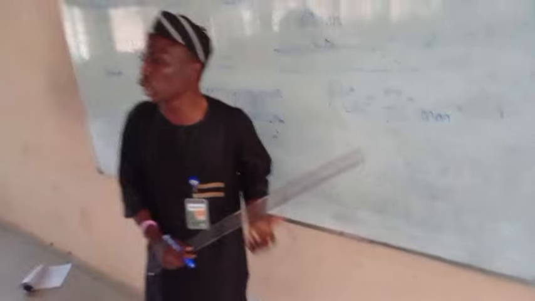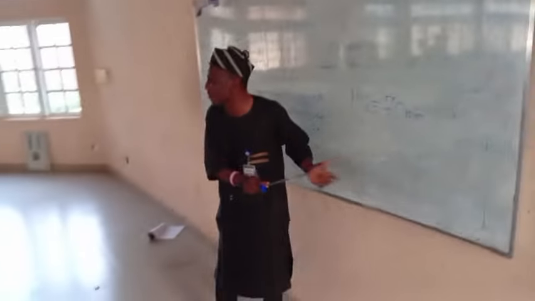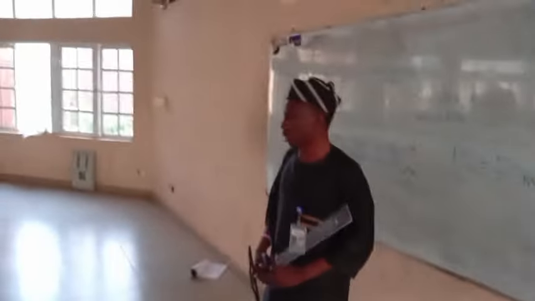Please pay attention. Draw a line PQ, length 70 millimeters. Now draw another parallel line that will be 70 millimeters away from PQ. In this case it was 40, but here it should be 70. So do that and call it a day.